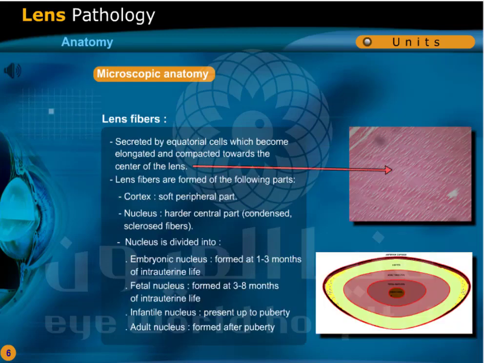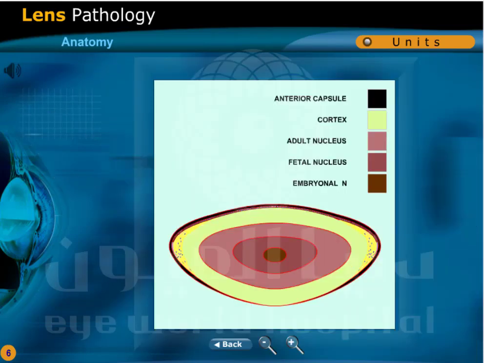Lens fibers. The lens fibers are secreted by equatorial cells, which become elongated and compacted towards the center of the lens. Lens fibers are formed of the following parts: cortex, which is the soft peripheral part, and nucleus, which is the harder central part, condensed sclerosed fibers.